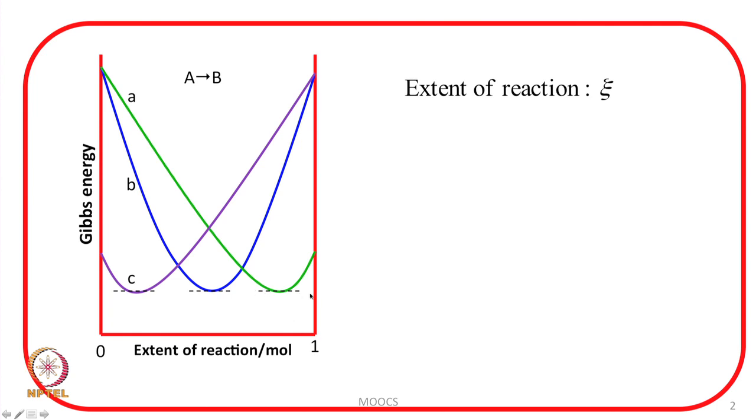The minima is lying very close to the product. That means, the reaction is essentially complete. If we take C, the minima is lying very close to the reactants. That means, the reaction almost does not proceed, it does not form appreciable amount of product.